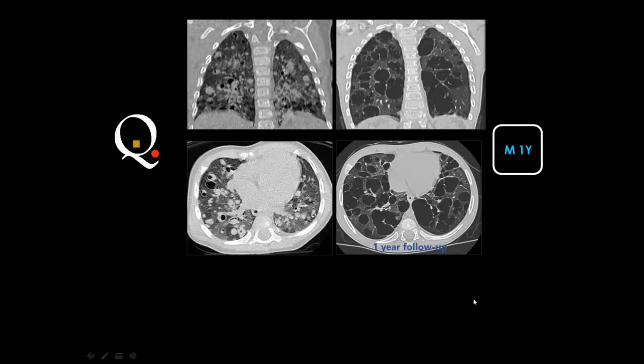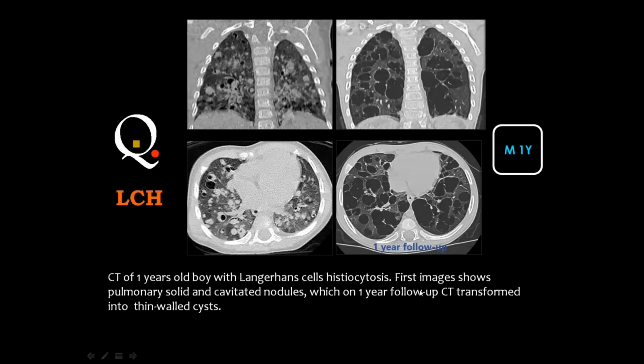Langerhans cell histiocytosis. And you know that Langerhans cell histiocytosis results from infiltration of the pulmonary parenchyma by histiocytes, and this will result in the formation of pulmonary nodules. And these nodules will later on cavitate and form multiple cavities.